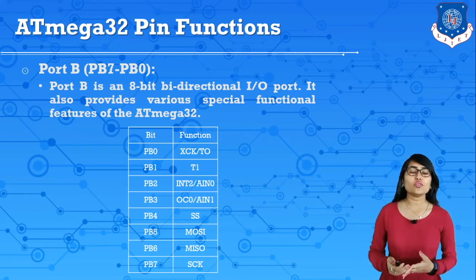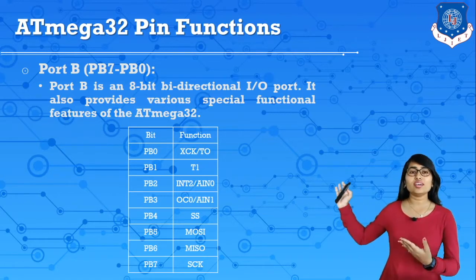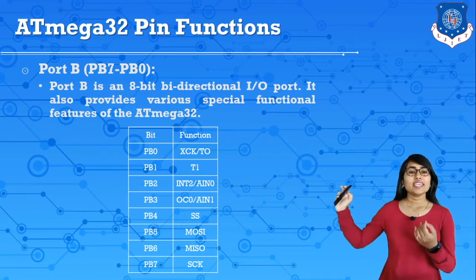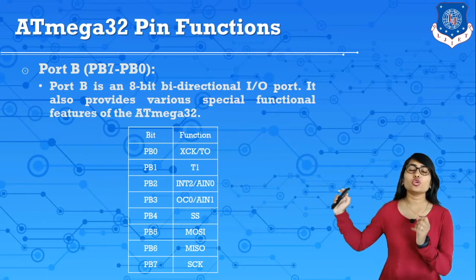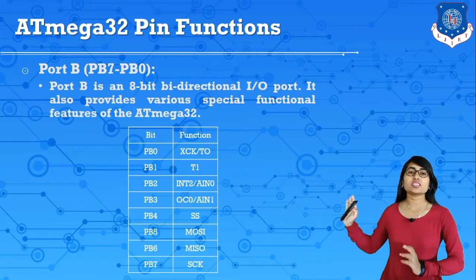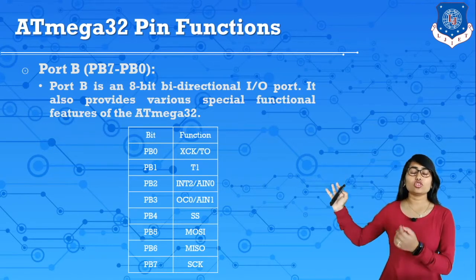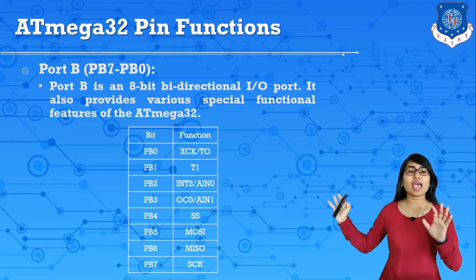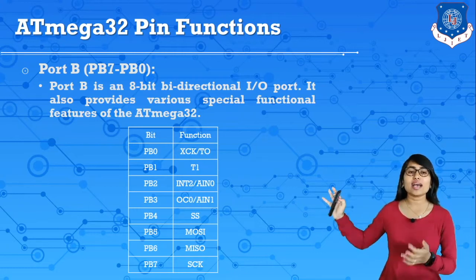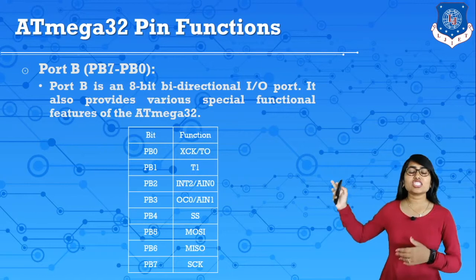It also provides various special functions and features of the ATmega32. Here there is a list of each and every bit related to port B and their specific functions. Port B0, that means port B and its bit 0, has the XCK and T0 functions.